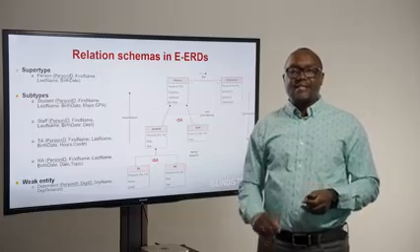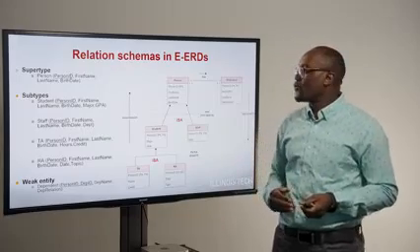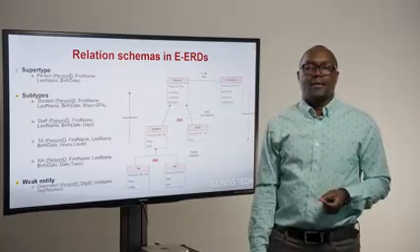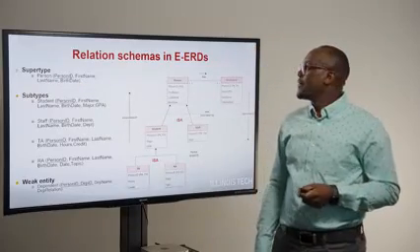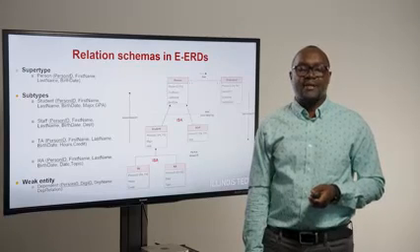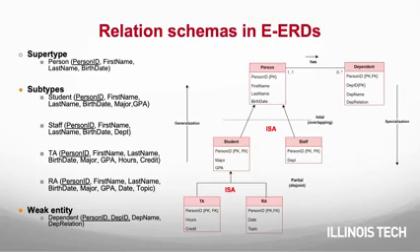When we're representing it as a relation schema, we have to write the name of the schema first, Person, open parenthesis, person's ID, first name, last name, and birth date. Don't forget, in the relation schemas, we indicate the primary keys, and it must be underlined.